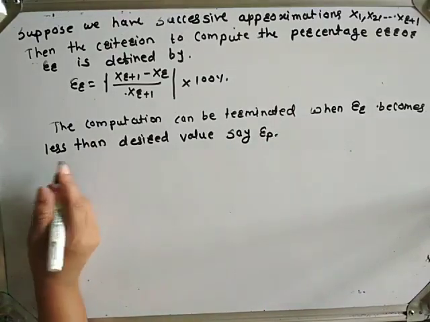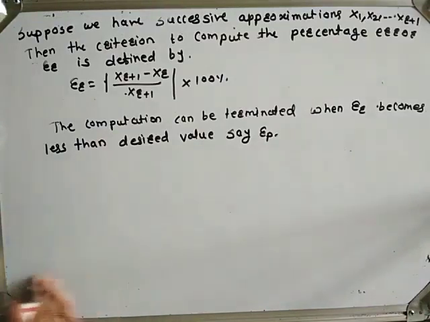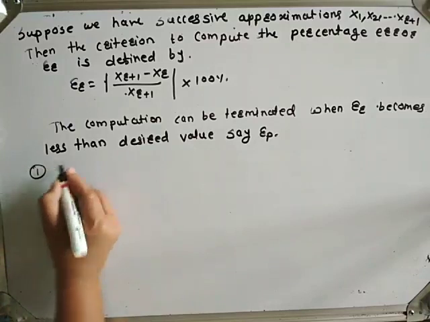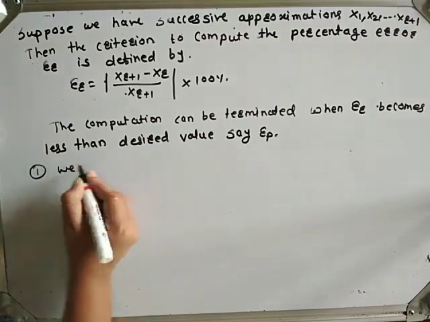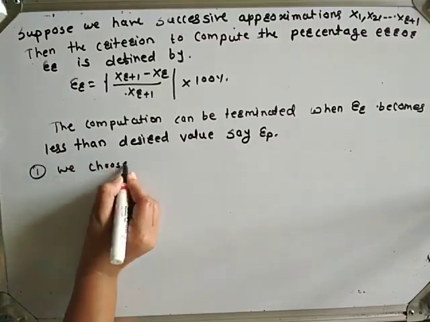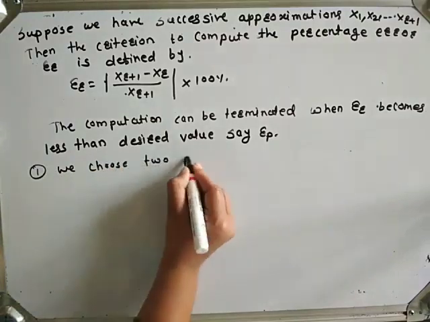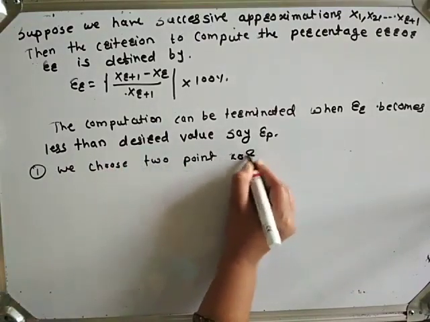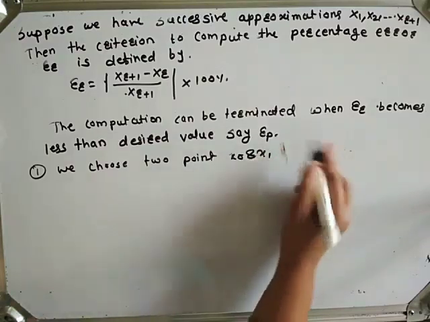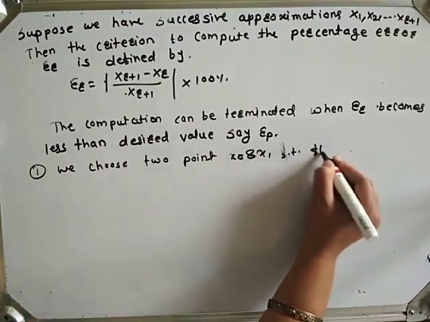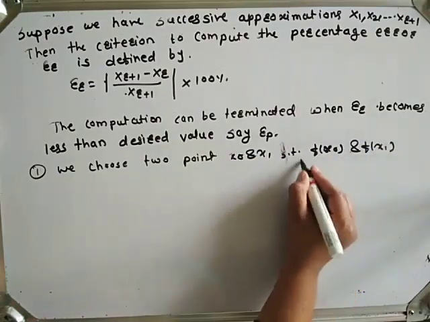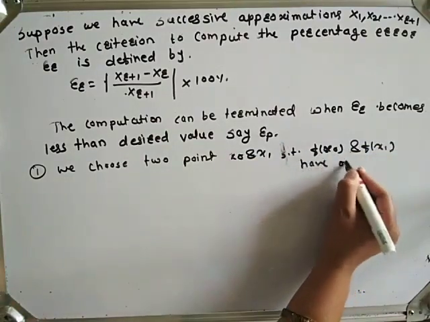In short, the bisection method can be stated as: first, we have to choose two points x0 and x1 such that f of x0 and f of x1 have opposite signs.